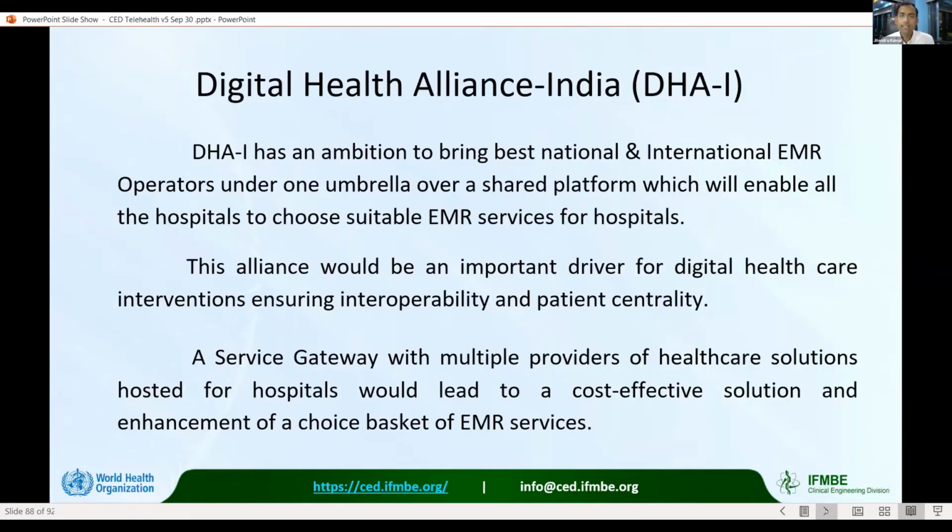The Digital Health Alliance for India is now emerging with dialogues with global stakeholders as a gateway, as a united platform for multiple providers of digital health that provide services right from patient records to managing health records, hospital records for a hospital, archiving, storage, analytics, and interoperability within systems.